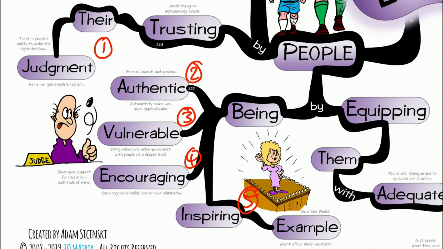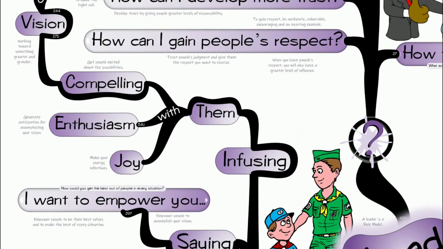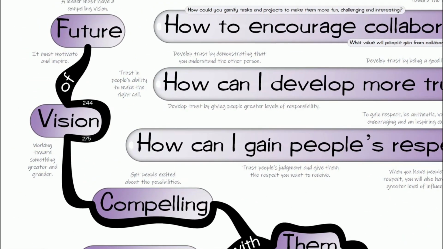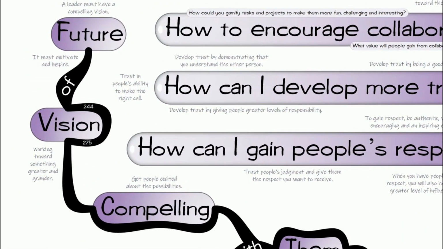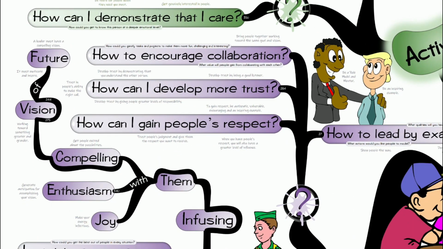That's when you start to gain a deeper level of influence, because the more trust, respect, and admiration you have from the people that you lead, the more influence you have over their lives. And then, therefore, the more influence you have to direct their choices, decisions, behaviors, and actions towards that compelling vision of the future that can be accomplished by everyone working towards that vision.